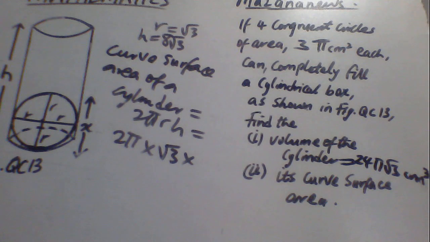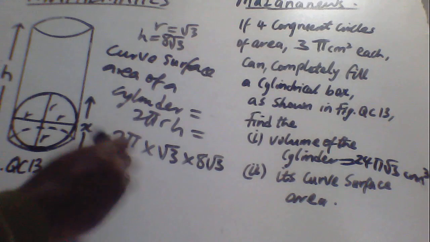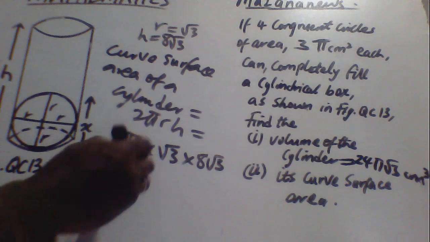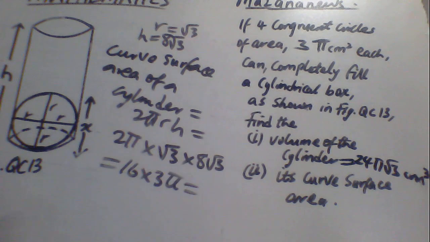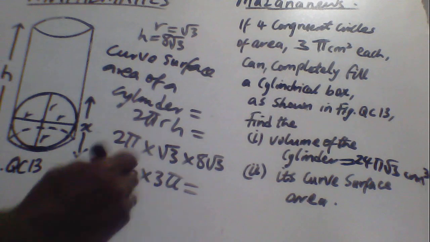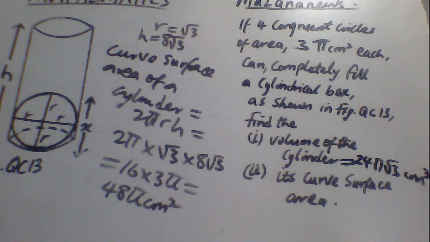So you substitute it. You have 8 root 3, and this gives us 2 times 8, which is 16. Root 3 times root 3 gives us 3, multiplying by pi, and finally you have 48 pi cm squared, because 16 times 3: 6 times 3 gives us 18, write 8 carry 1, 3 times 1 is 3 plus 1 gives us 4, and that's why we get 48 pi cm squared.